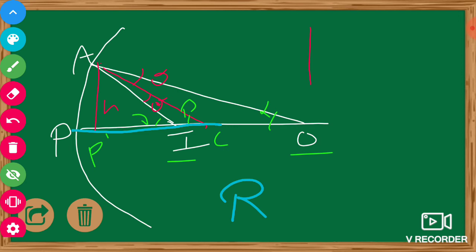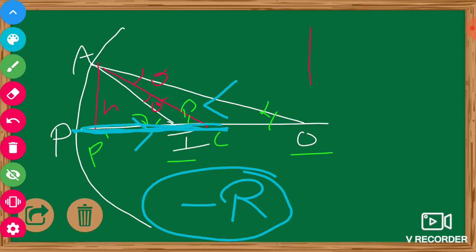This direction is measured from P to C, and it is in the opposite direction of the incident ray, so this sign is minus. So the distance of PC is represented as minus r, the radius of curvature from the figure. Again, the object distance, where the object is, is PO.